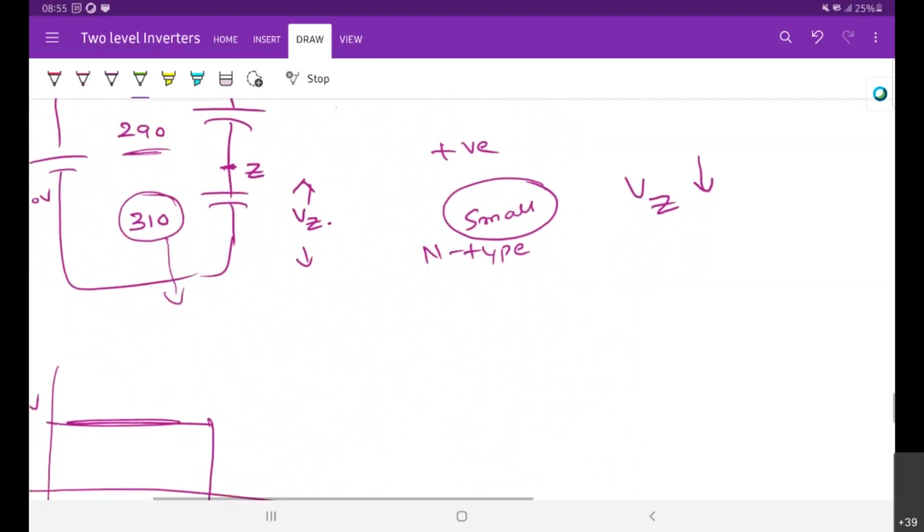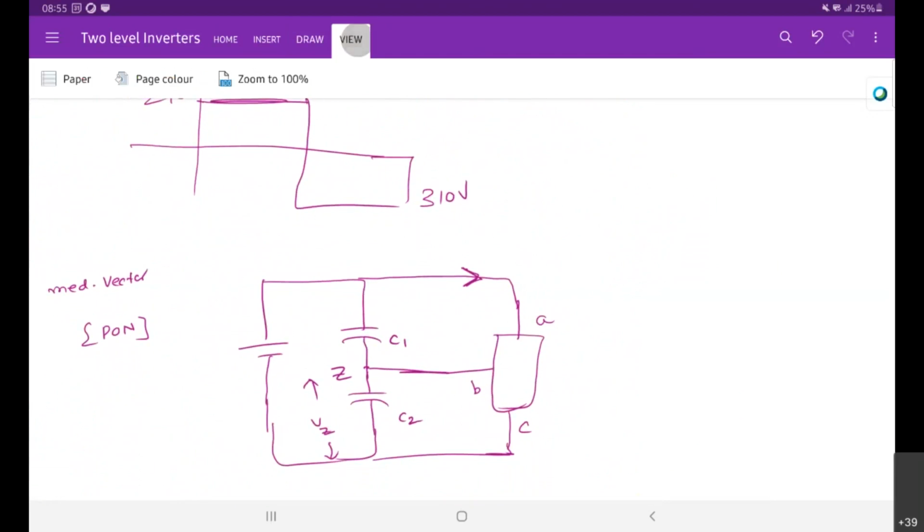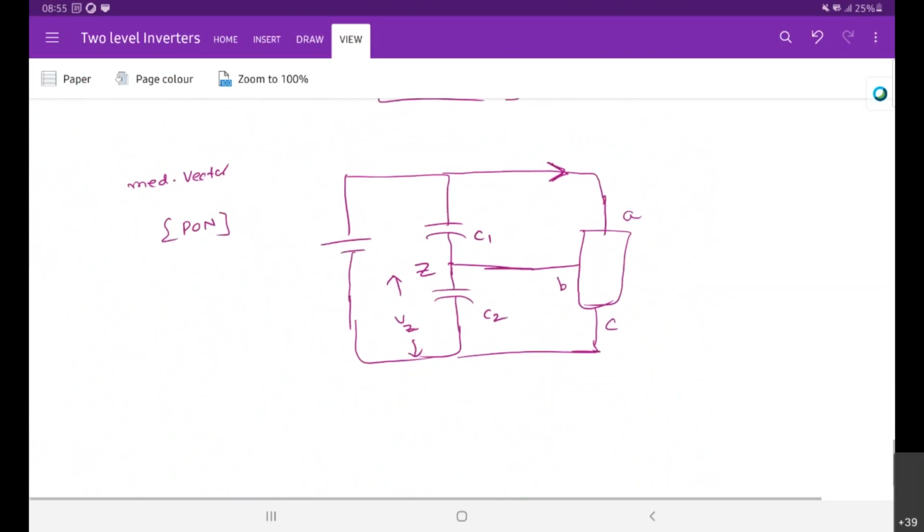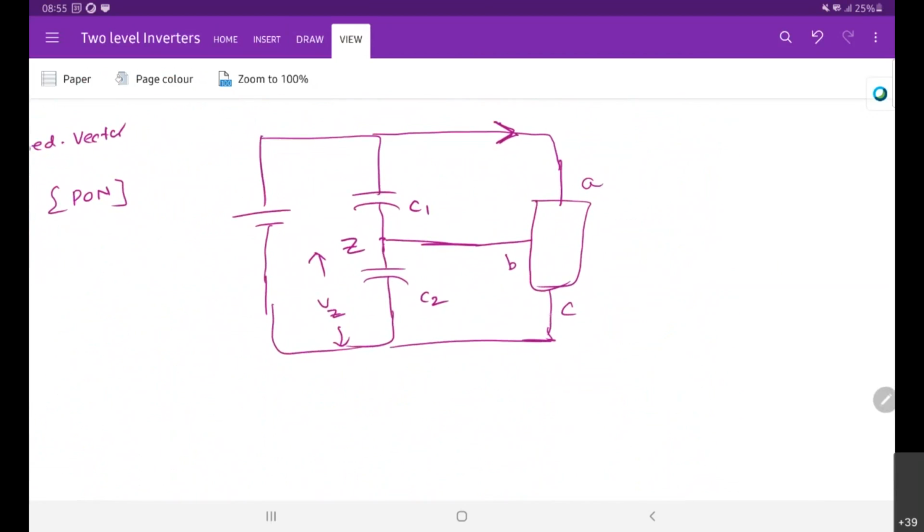Whereas here, this current flows like this, and this current may flow like this, or it may flow like this. So we are not sure. All of this depends on the instantaneous values. If the C phase current is more, then the B phase current is negative.